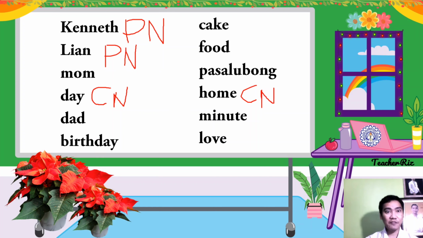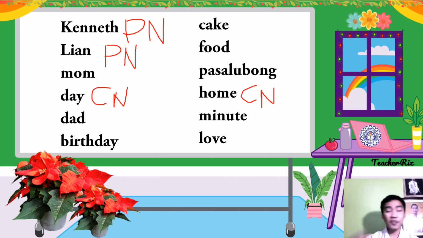Now, maybe you have already an idea. How will you identify a word, whether common noun or proper noun? Very good. Because Kenneth and Lian start with a capital letter, automatically they are specific names of a person.